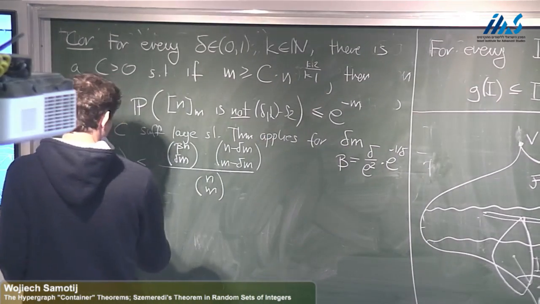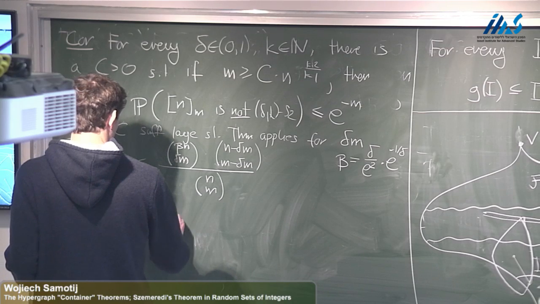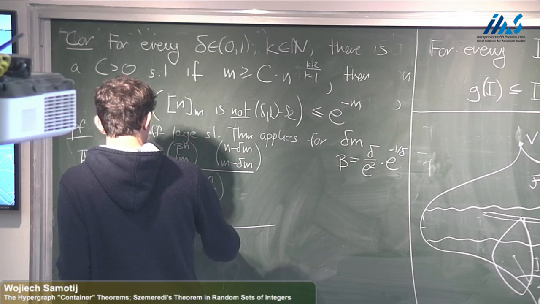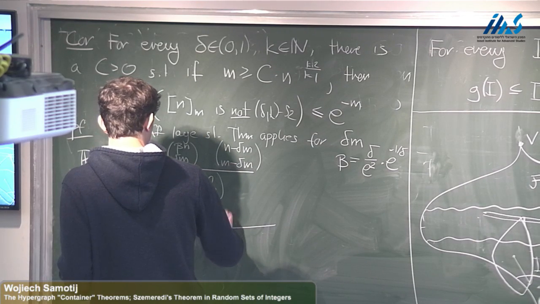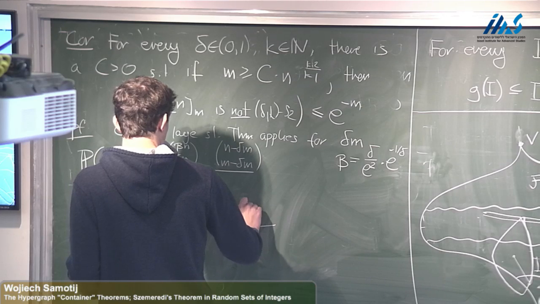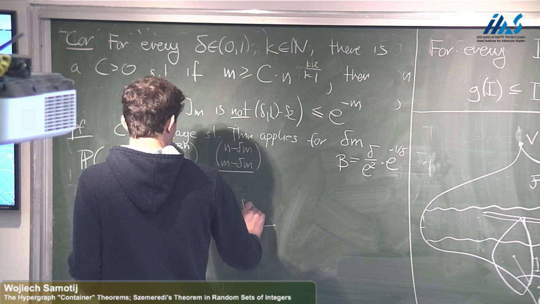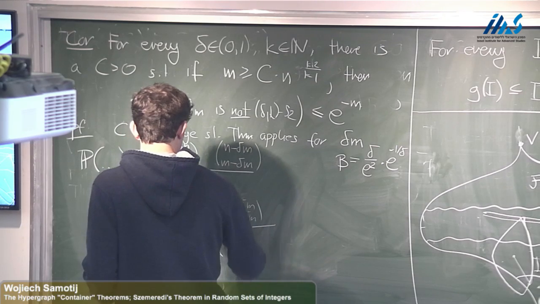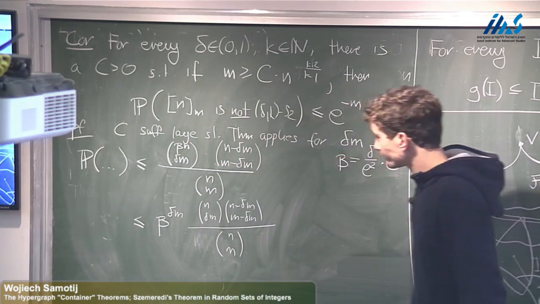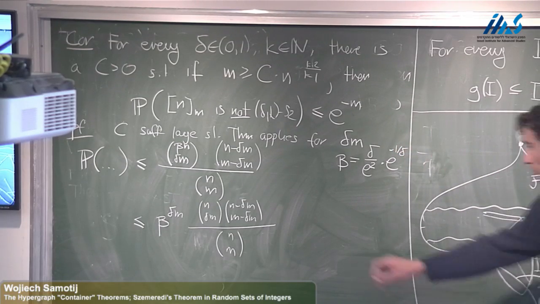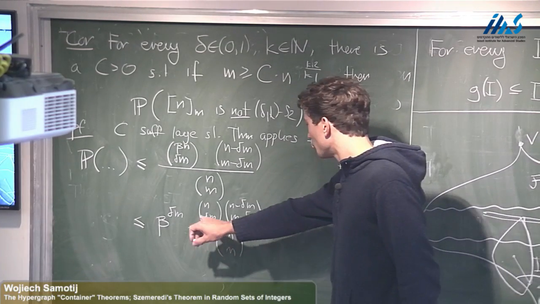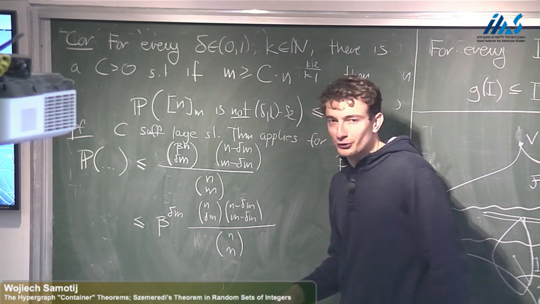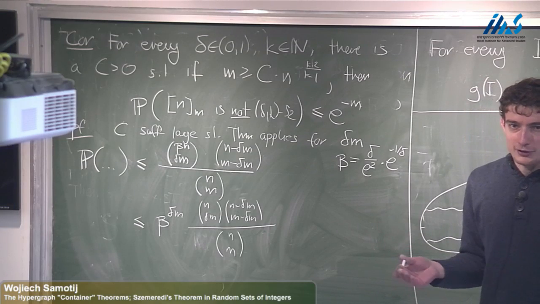Well, this is at most beta to the delta m times n choose delta m times n minus delta m choose m minus delta m, divided by n choose m. So here first I choose delta m elements, from the remaining ones I choose m minus delta m, so this is the typical exercise in counting.